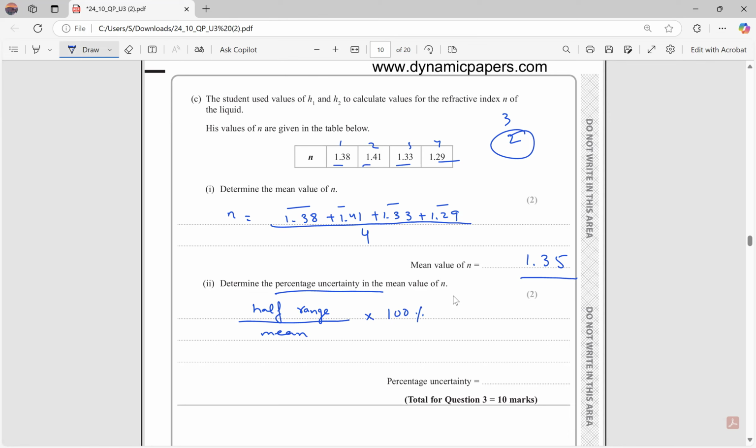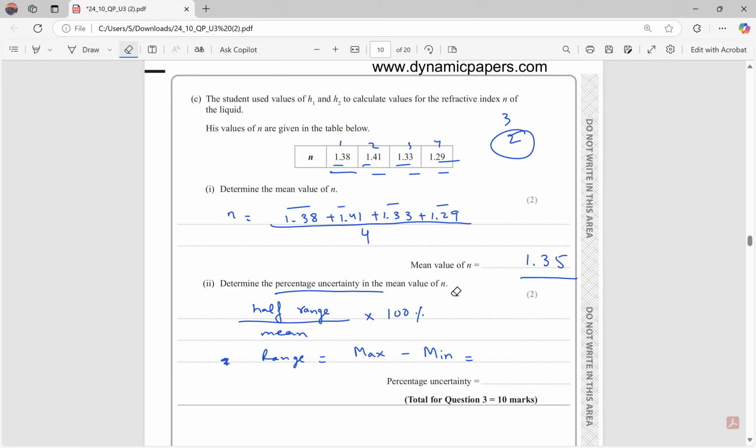What does half range mean? So you find the range and divide it by 2. Range is just maximum value minus minimum value.